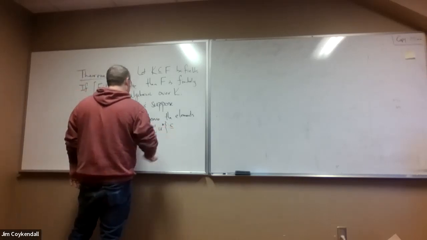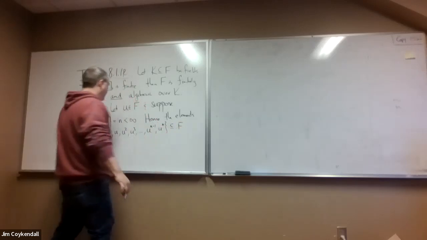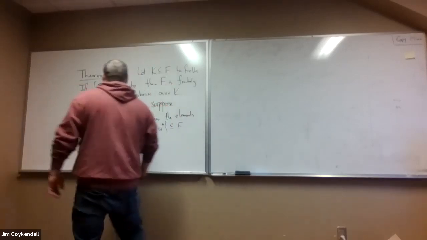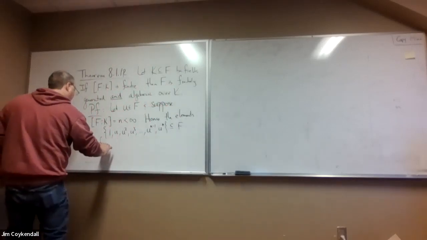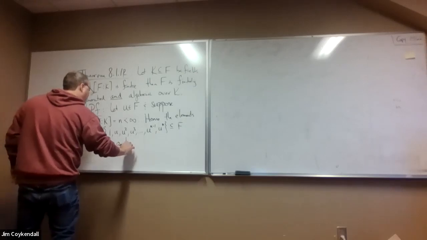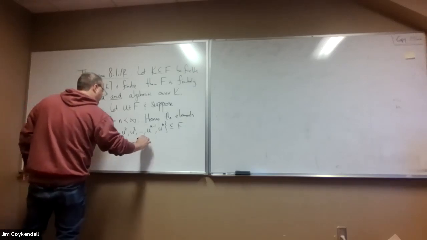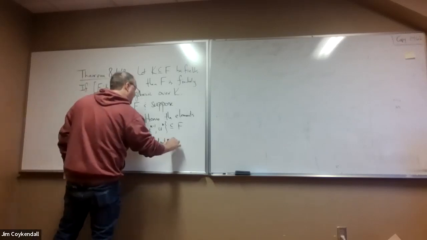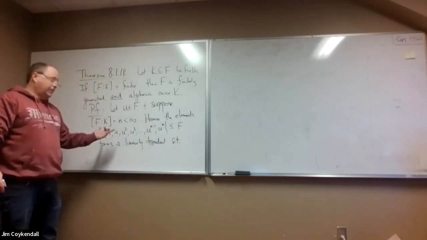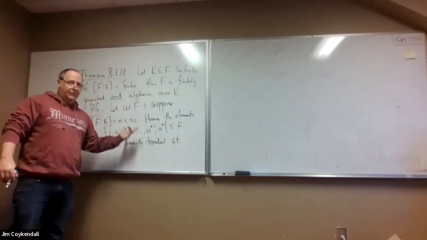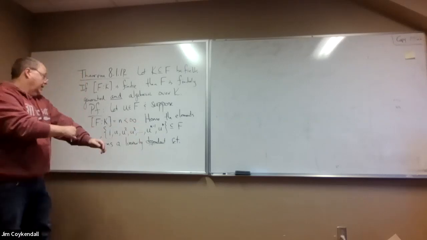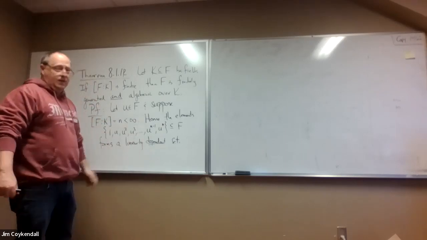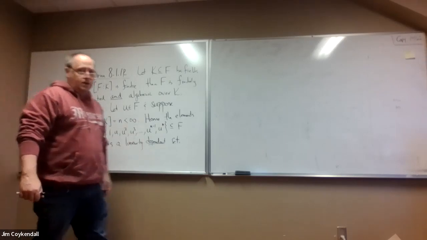Of course, this is a subset of F, and it forms a set with one more than the size of the basis. Right? So any such set in a vector space, namely F over K, has to be linearly dependent.